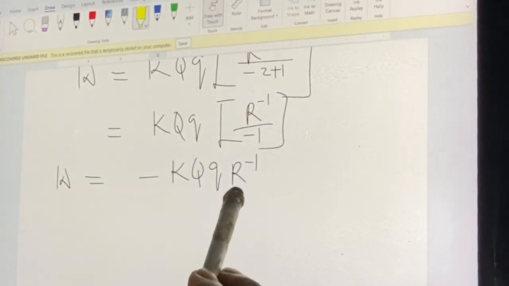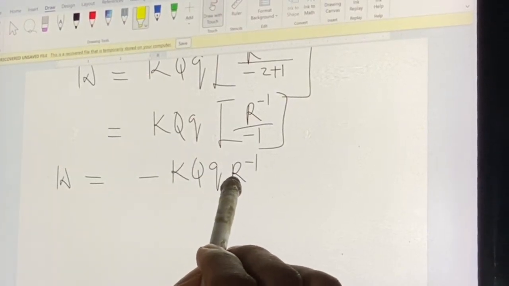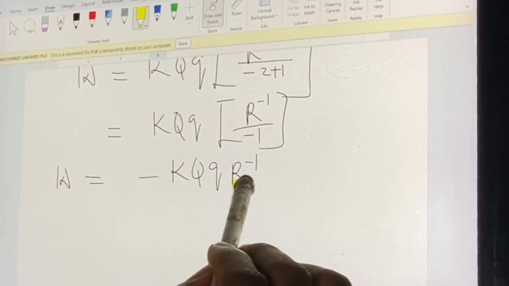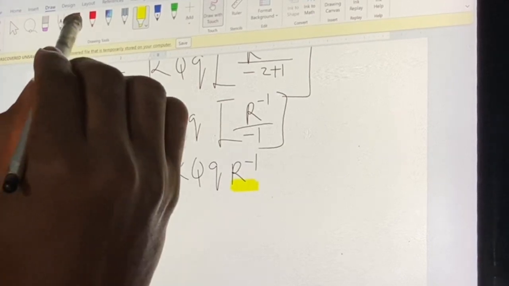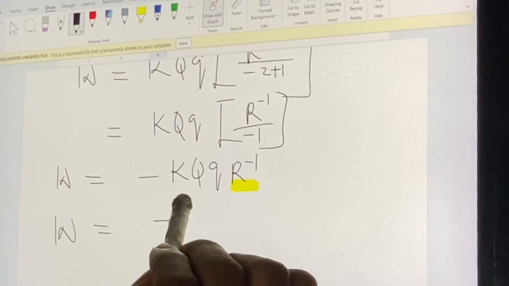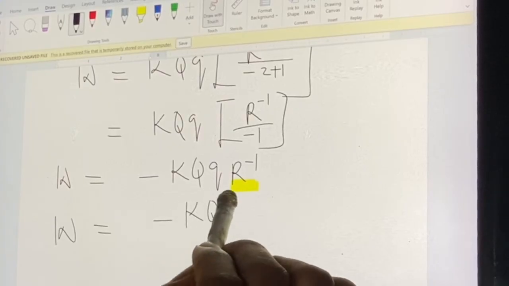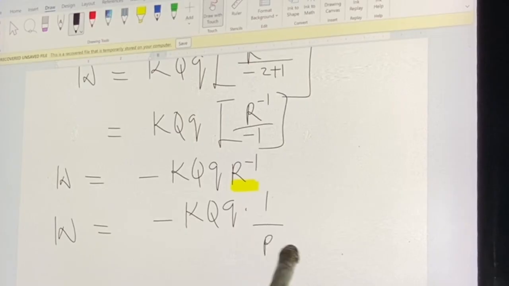To simplify, I will make this power positive.